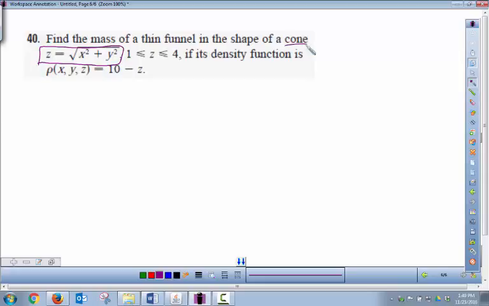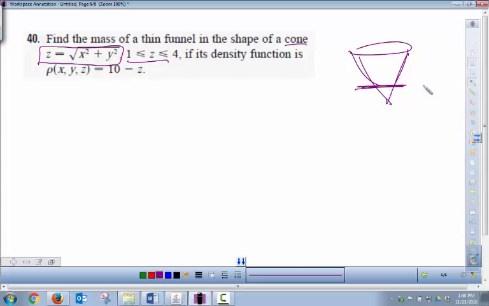Aside from them saying it's a cone, you should be able to look at it and say, that's a cone. That z is equal to the square root of x squared plus y squared. So this is a cone, but it looks like the z goes from 1 to 4. So it looks like it got chopped up here, from z equal to 1 to z equal to 4. And so we would need to find an appropriate parameterization for that. And then we have a function to put inside of our double integral.